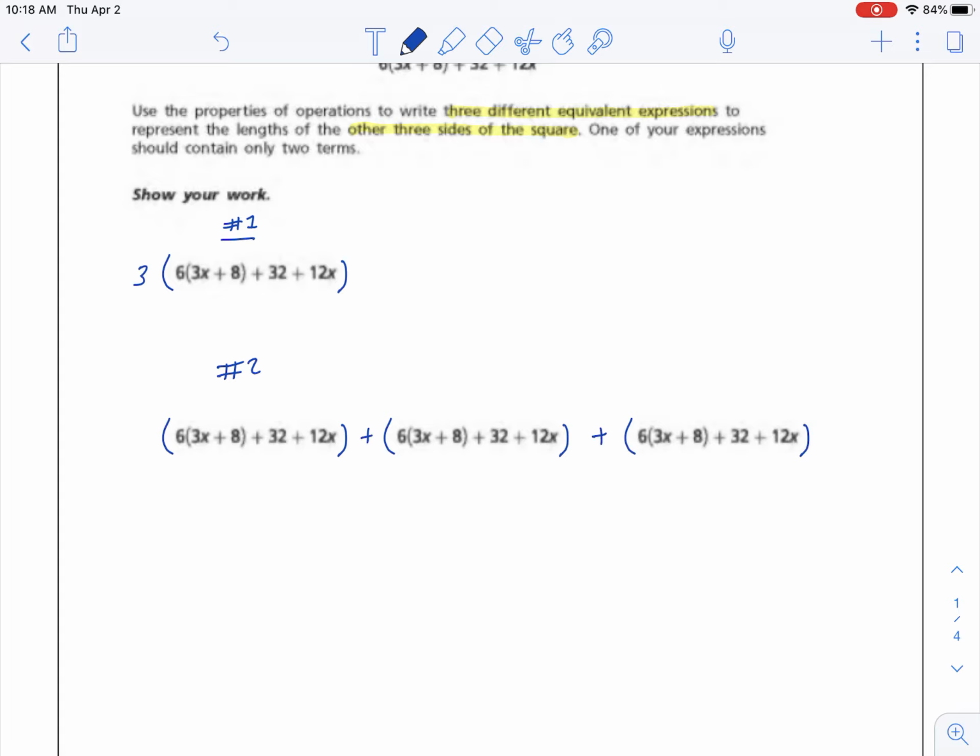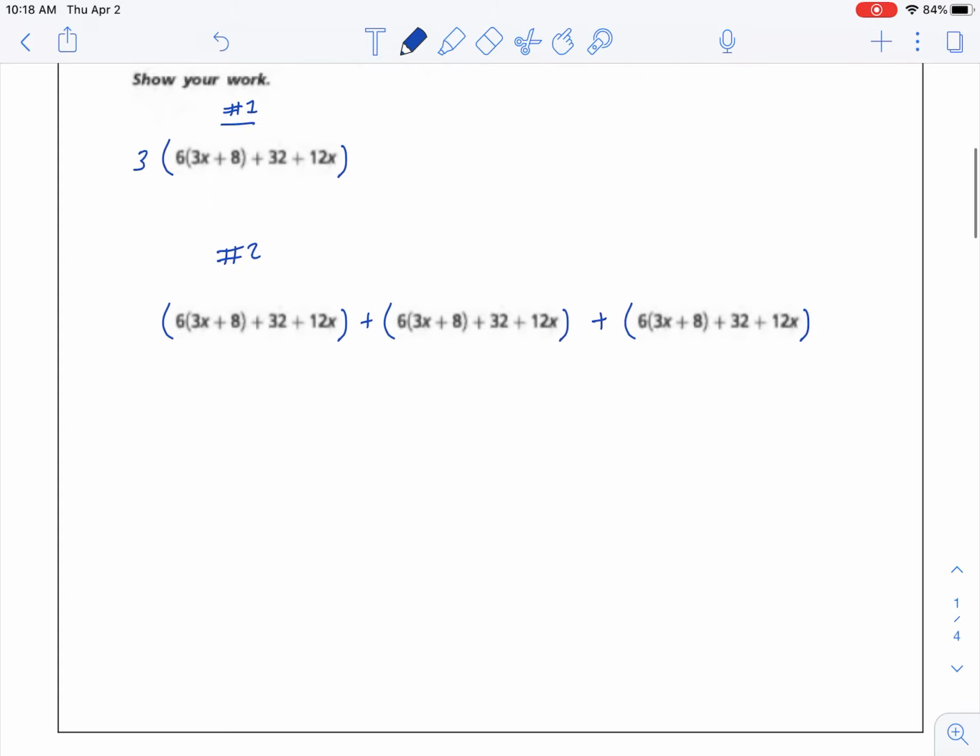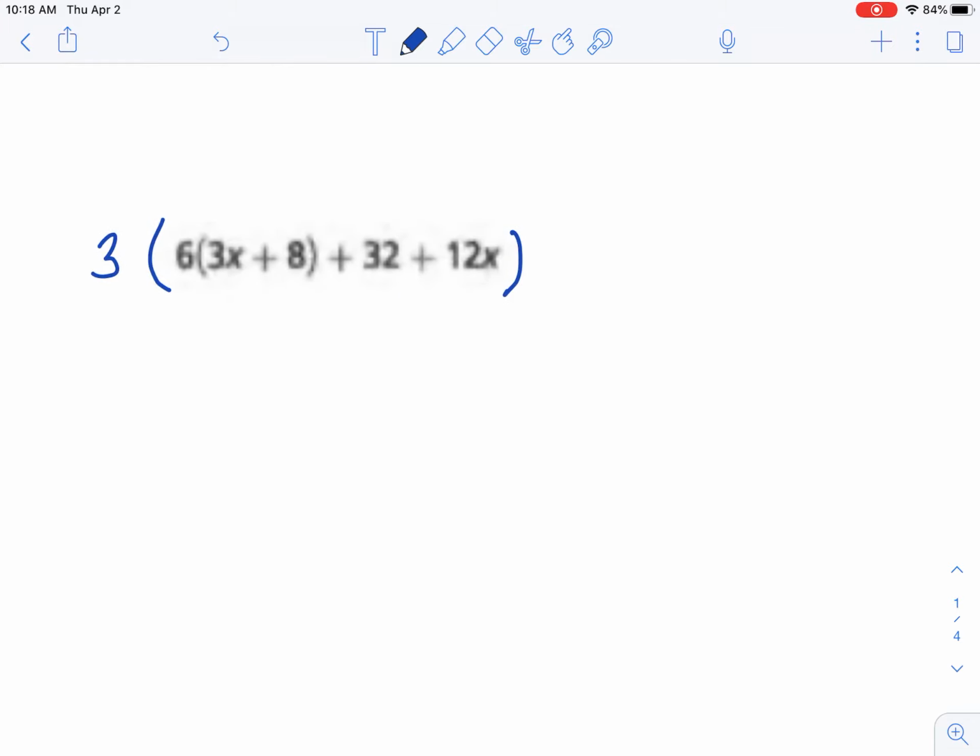And lastly, we can go ahead and have this where we actually evaluate the expression. And here we use order of operations, GEMDAS. We do all grouping symbols first.